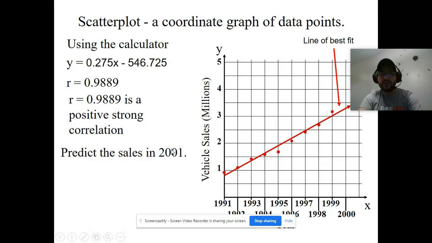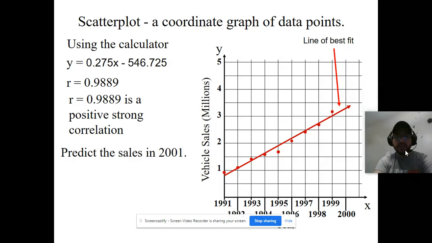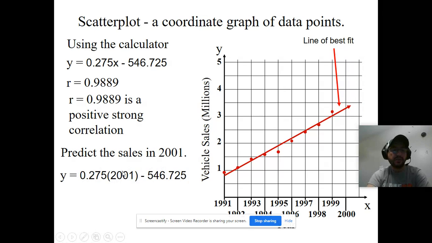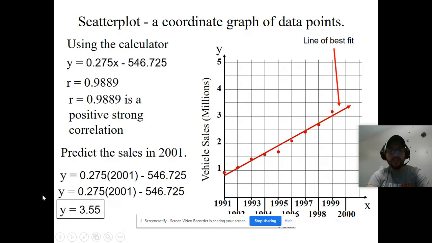And then if we want to use the equation to predict in 2001 what the total car sales will be, we're going to just replace the x with 2001 and find the value of y, and it will give me 3.55. And I look at the graph, 3.55 is around here, so it will be a good prediction using my equation from the line of best fit.